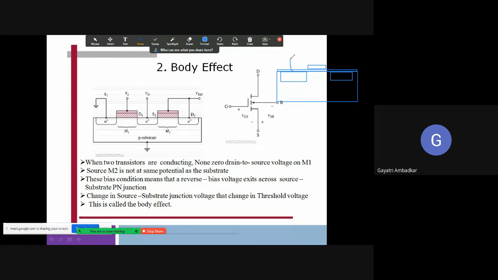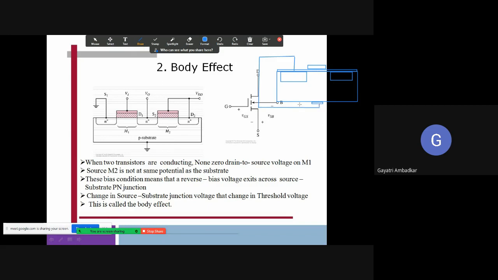So if this is my substrate, and there is the body terminal, and it is connected.